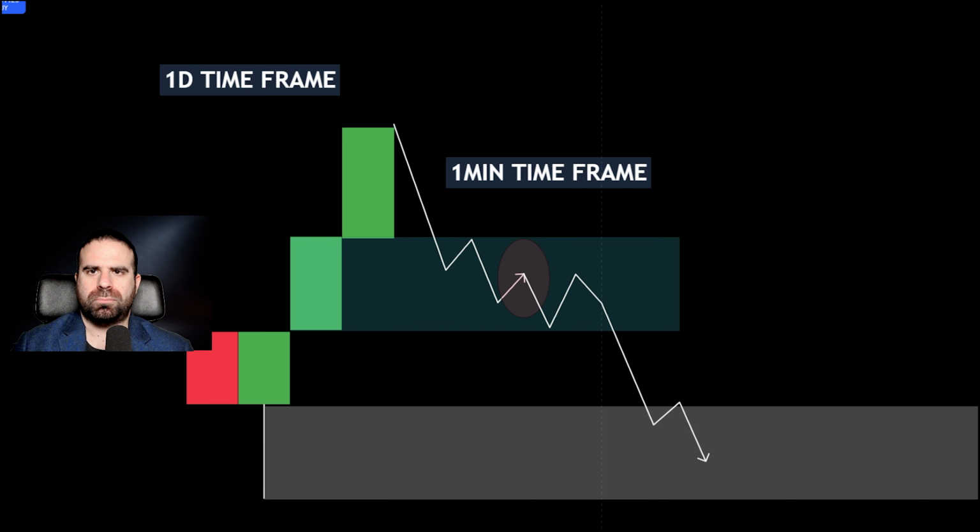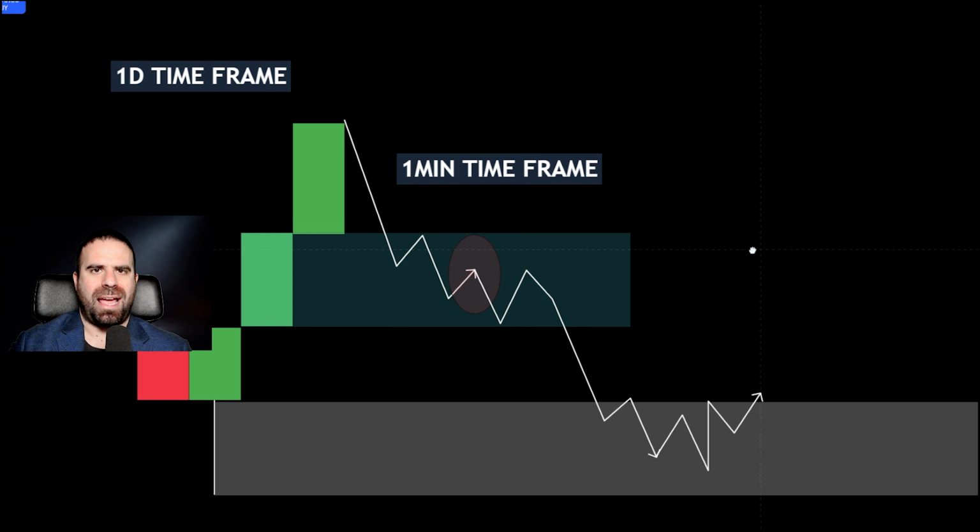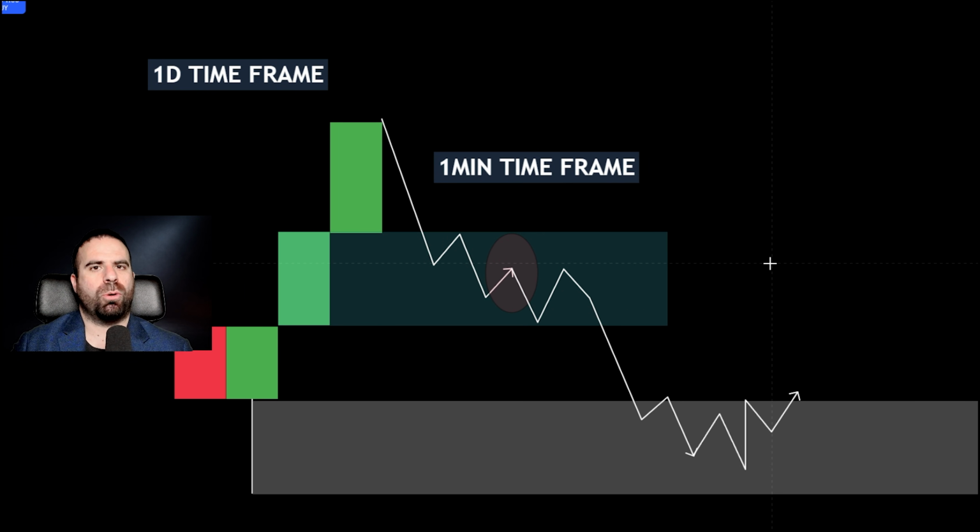Instead of going ahead and waiting for a simple grab of liquidity, and instead of entering on the first high that you create right here, instead of waiting and entering instantly, you will be waiting for another move, some liquidity to be created, and the penetration of this liquidity.